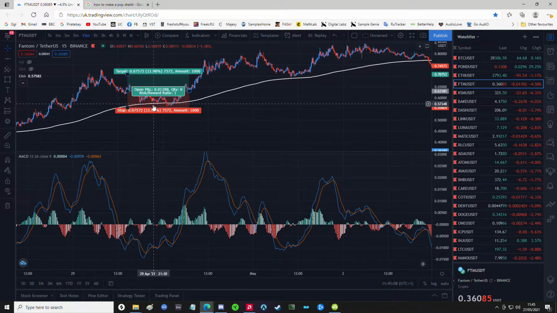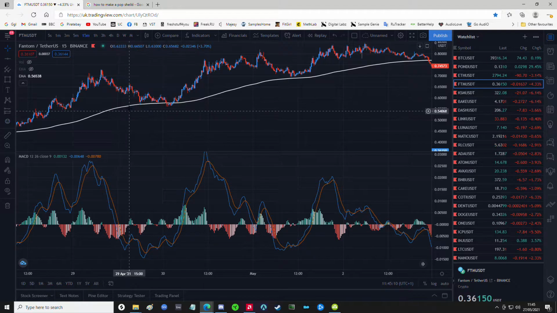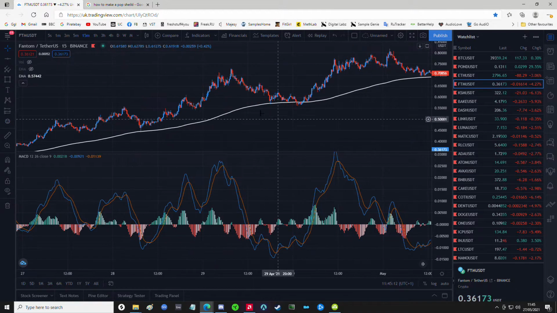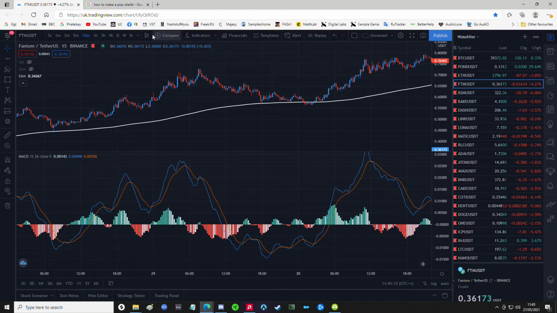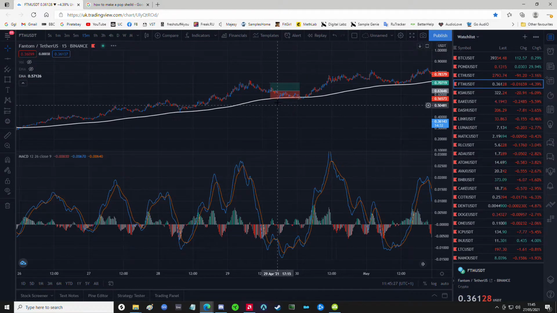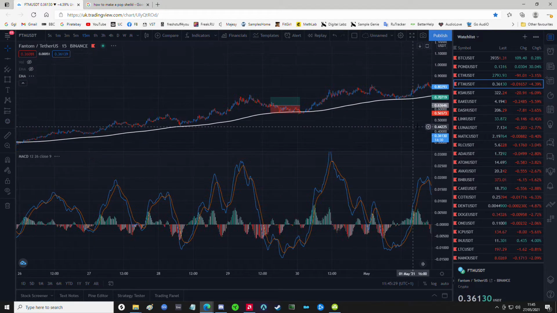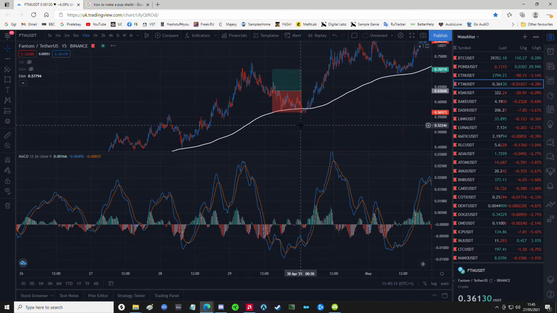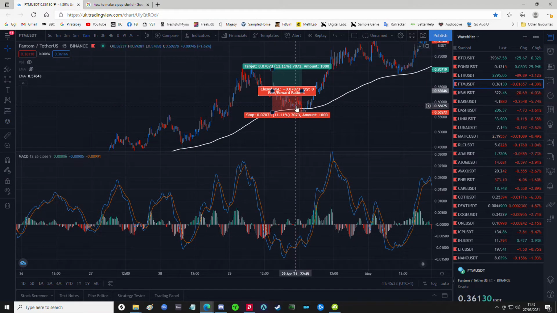So let's say, for argument's sake, you have a 10% stop loss. Looks like with a 10% stop loss, you would have lost this trade and you would have been spiked out.